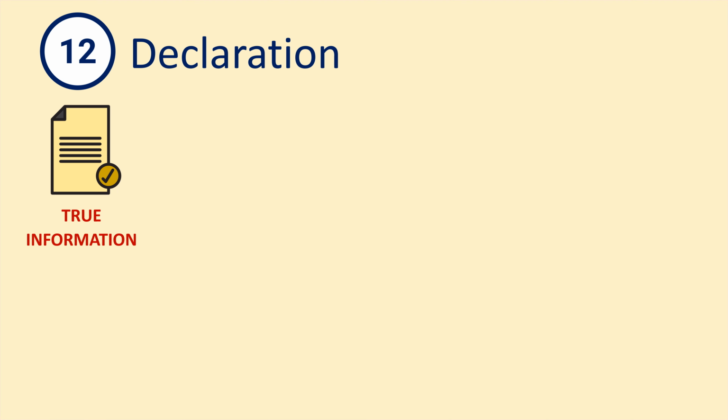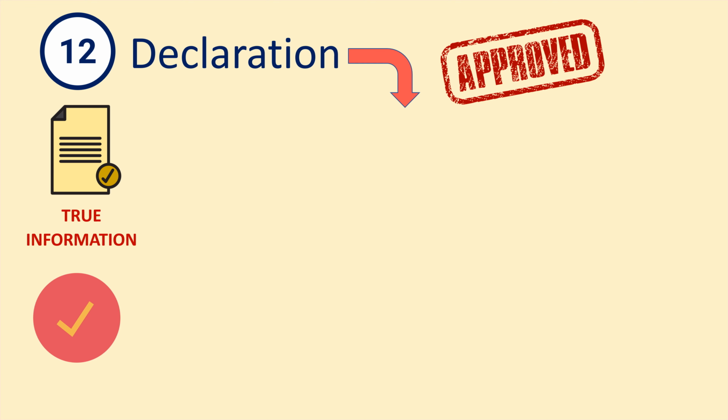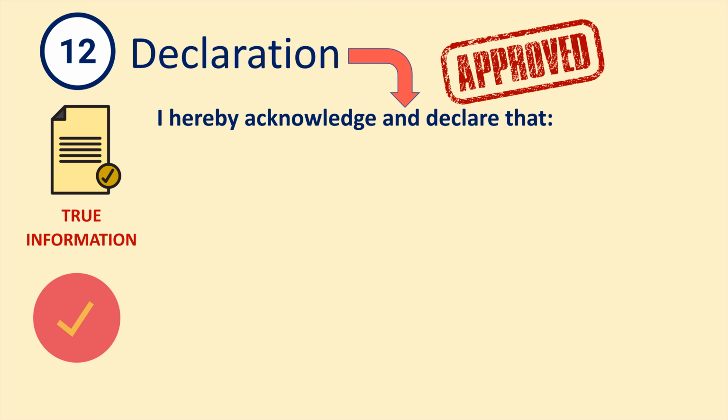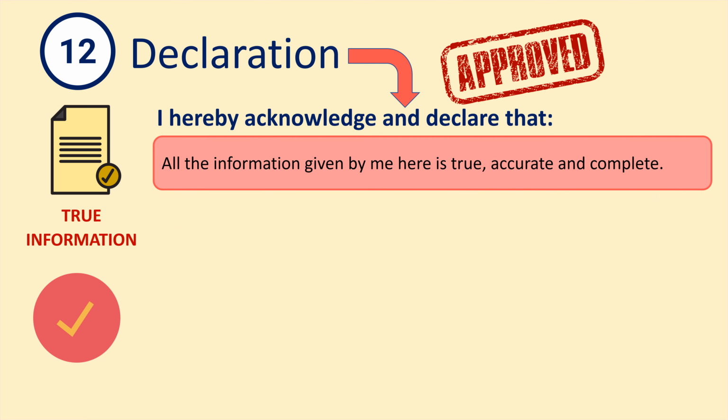You need to use this section to show the visa officers that all the information written in your letter and all the other forms and supporting documents are true and genuine. Here is the best declaration format from an approved open work permit visa application. I hereby acknowledge and declare that all the information given by me here is true, accurate, and complete.